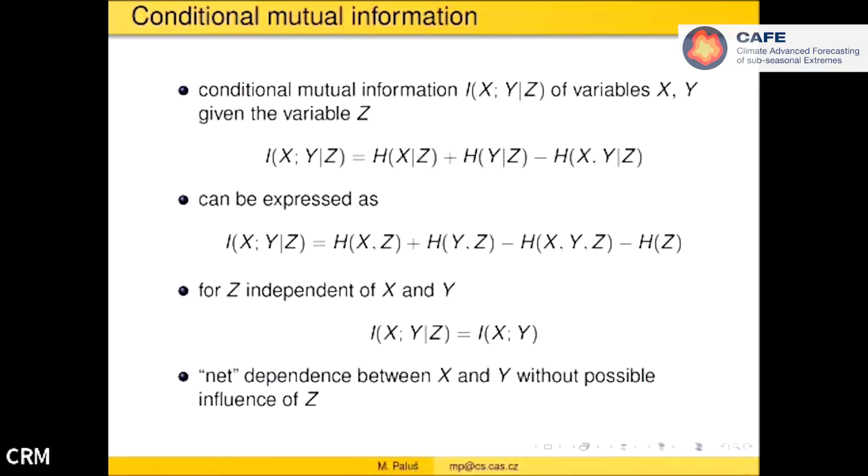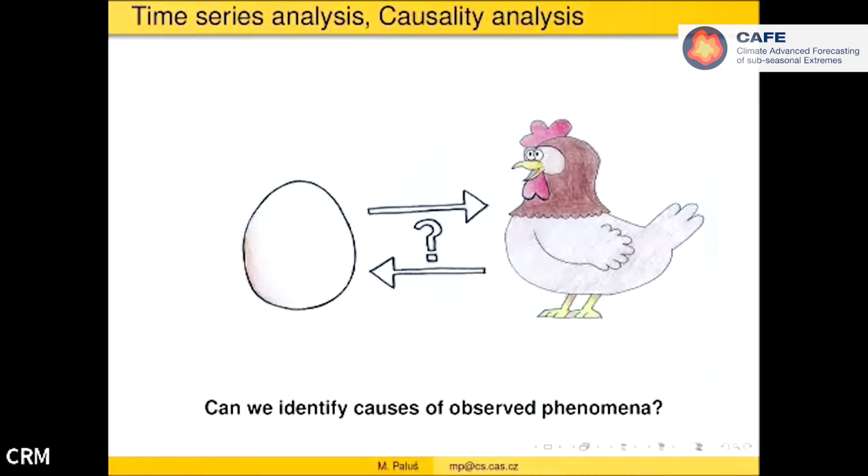And of course, if x and y are independent given z, then this equation holds. So conditional mutual information between x and y measures a kind of net dependence, or net common information, between x and y without the possible influence of z.